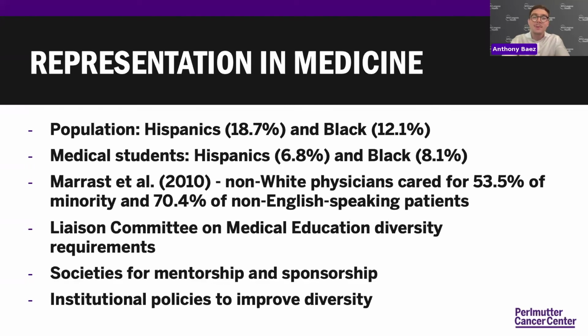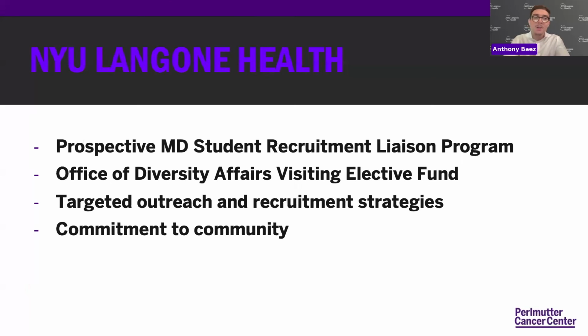And there have been different diversity requirements that have been implemented and things that have really contributed to improved mentorship and sponsorship for people who are interested in pursuing healthcare careers. And then there have also been institutional policies here at NYU in order to improve diversity and inclusion. So when we look at NYU, our institution, we see that there have been many different strategies that have been implemented, and it starts in the medical school.